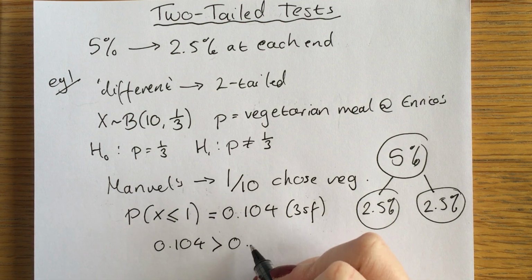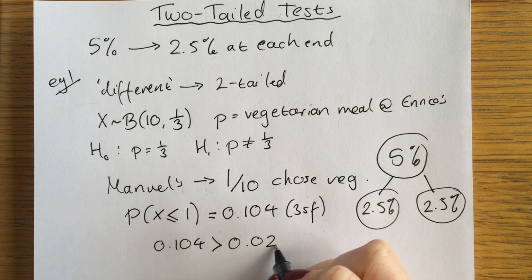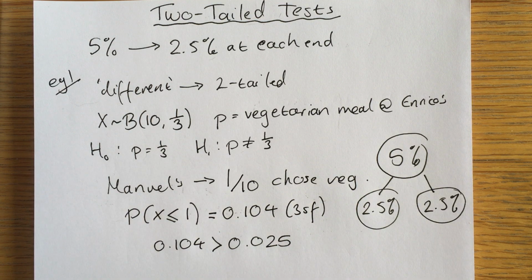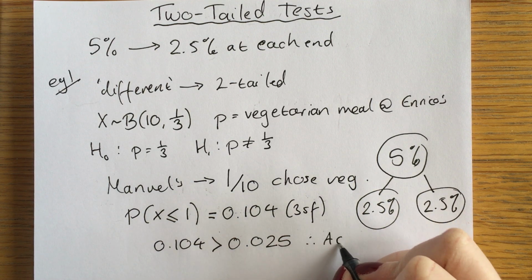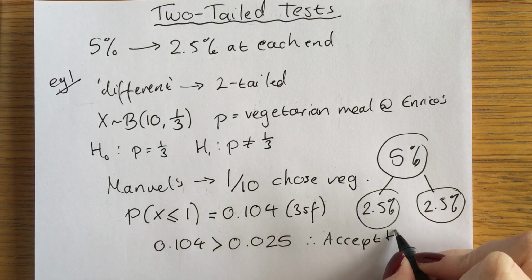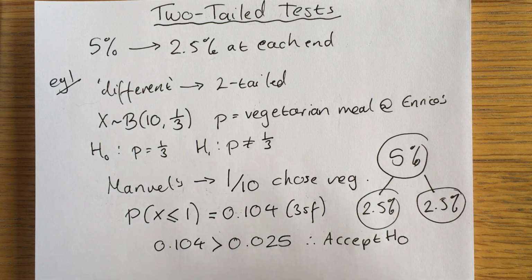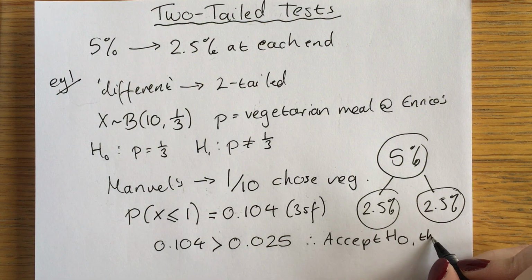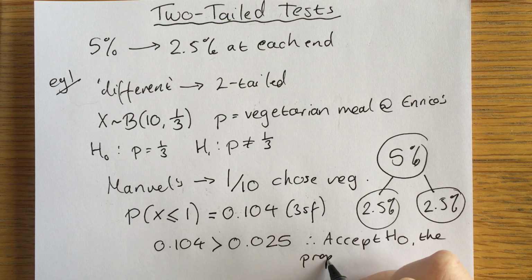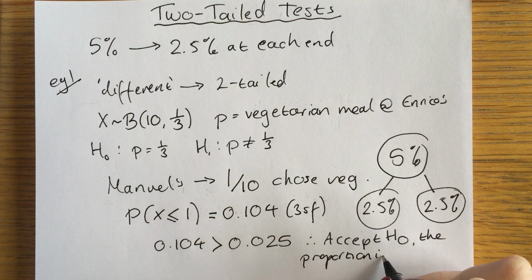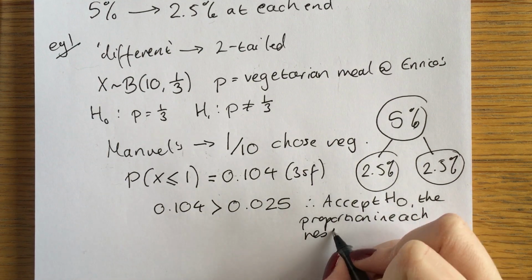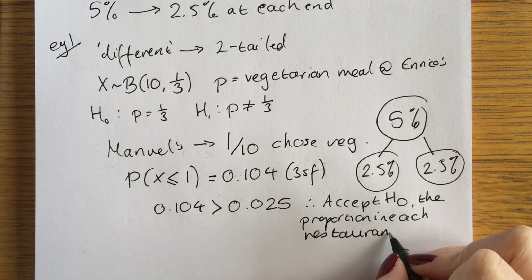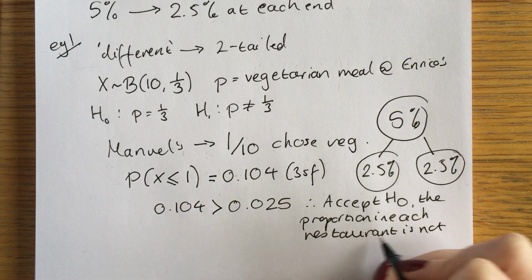Now 0.104 is larger than 2.5%. So therefore we accept the null hypothesis, the proportion in each restaurant is not different.